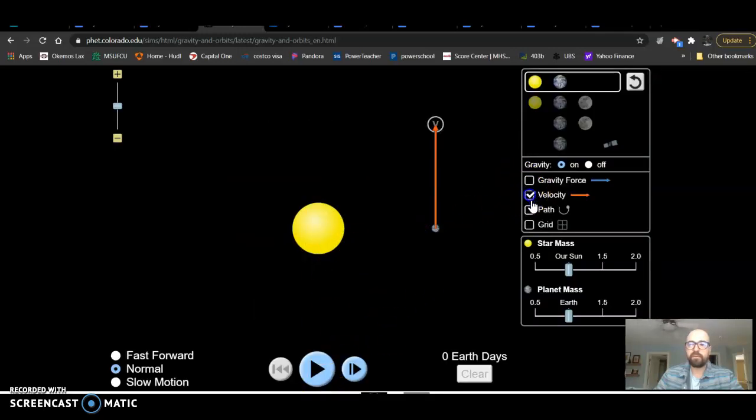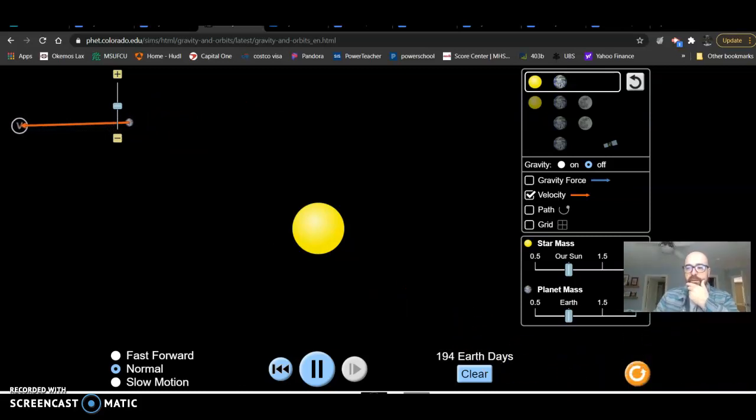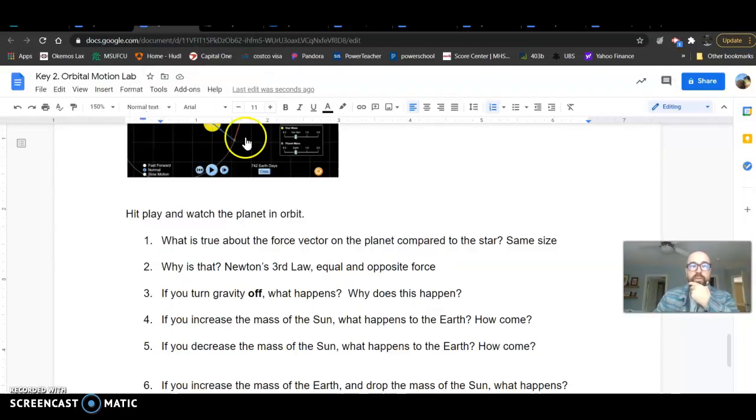So I'm going to just leave velocity on. This is why I want you to see it. As it gets here, I'm going to wait till it gets about to the top, and boom. So that's where that tangential velocity becomes pretty key. I can move that. So it's just going to follow along in a straight line once I take gravity off.